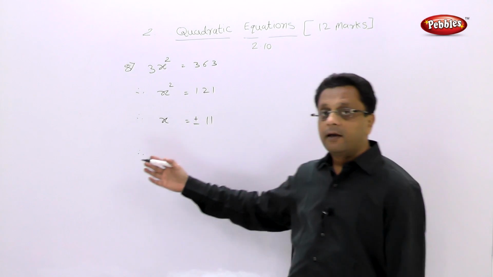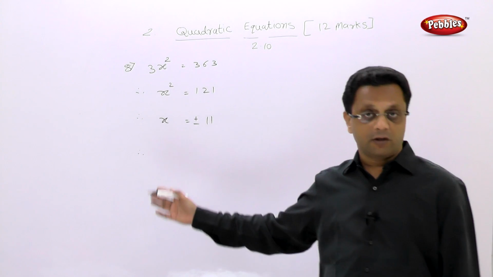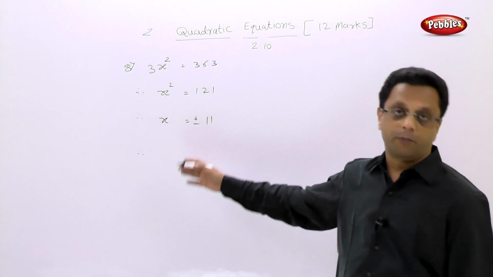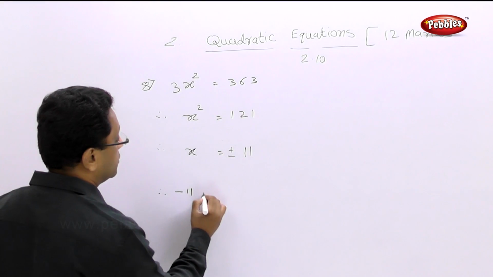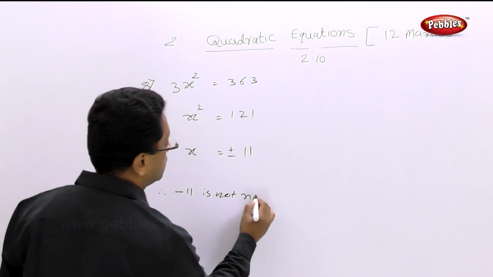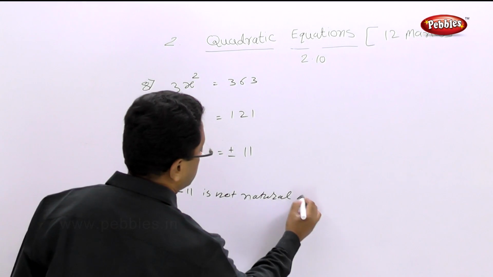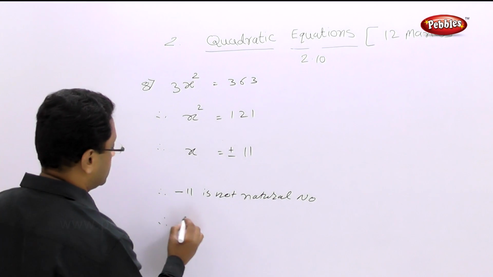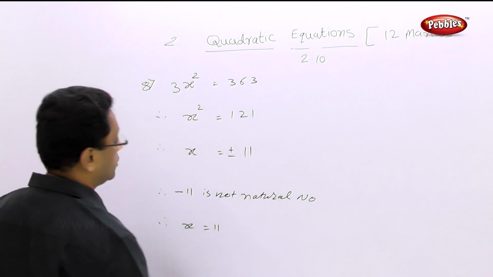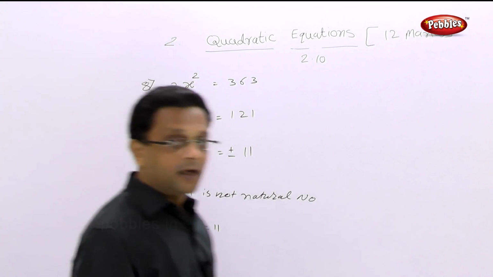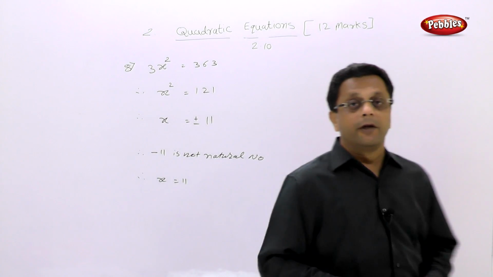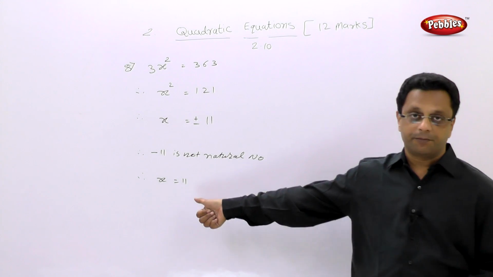You have to write that minus 11 is not a natural number, hence x is equal to 11.